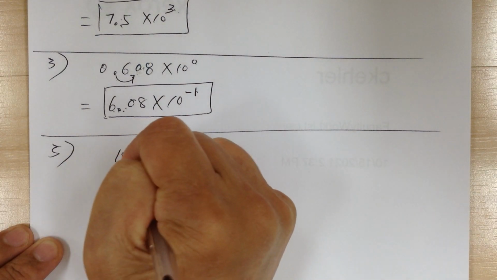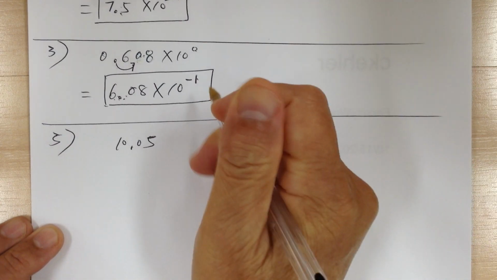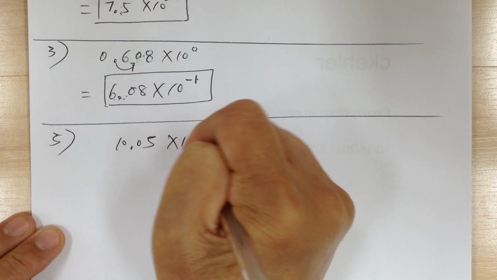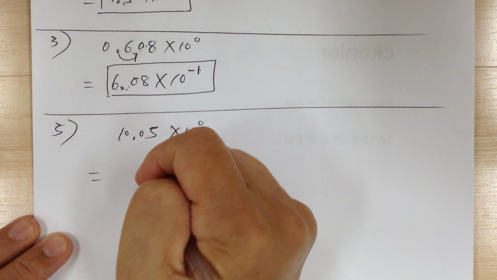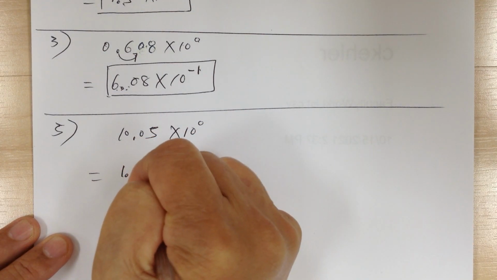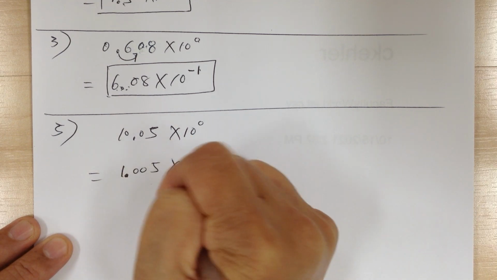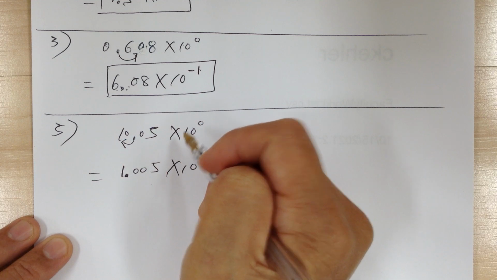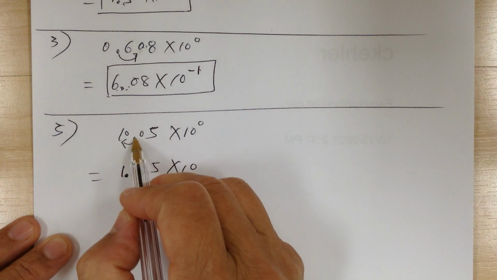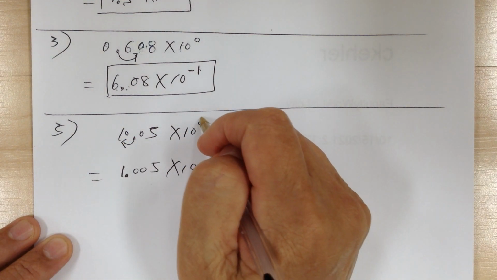And the order of magnitude would be how many places you move the decimal over. Okay, you got 10.05. So you can right away write down times 10 to the 0, so you can do the moving. So right away you're going to have 1.005, right? So that's your standard form. Right now you move over 1 place. Another way to do it is if you move this to this side, you have to move this the other way.